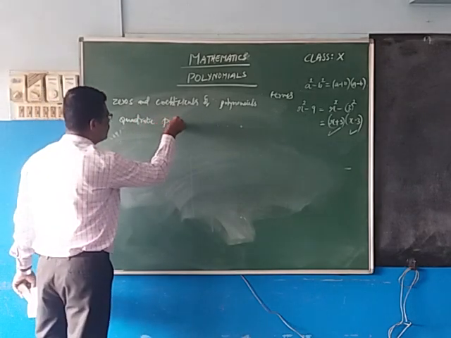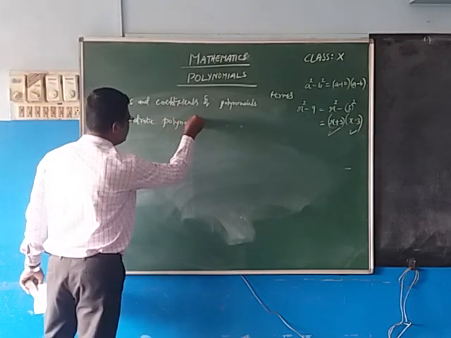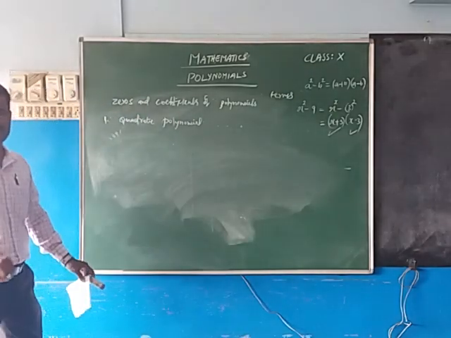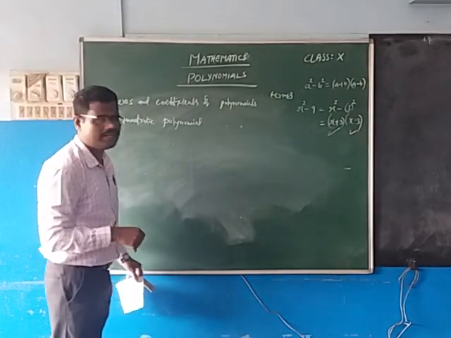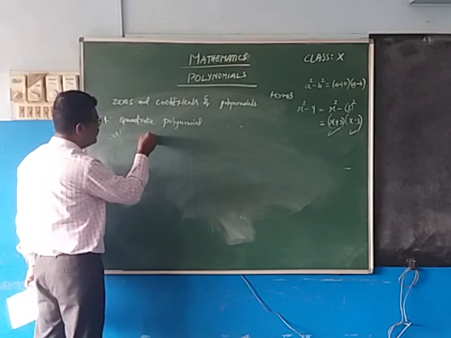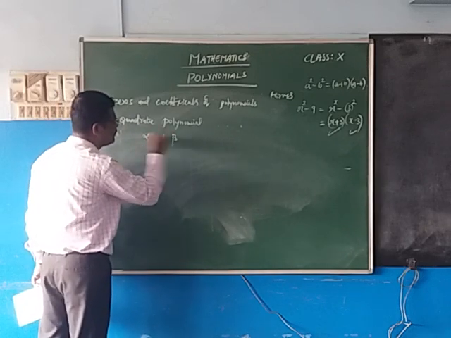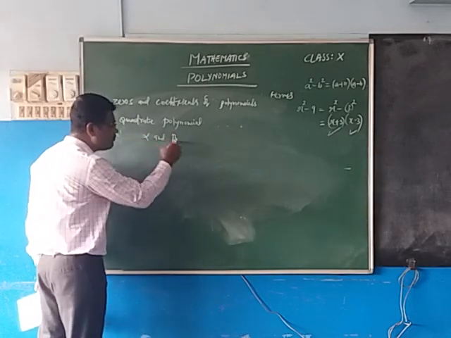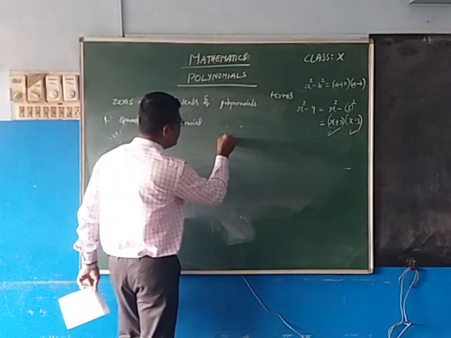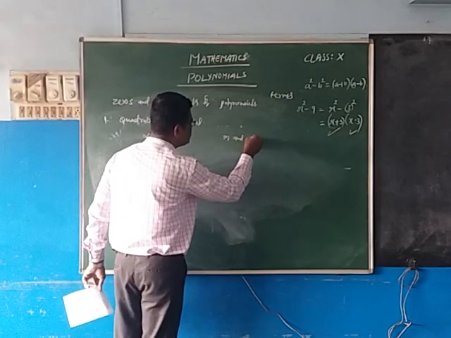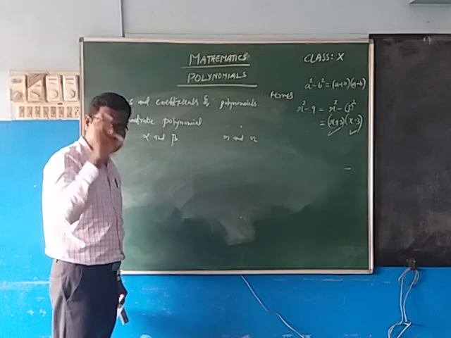Can you say what is the meaning of quadratic polynomial? It has 2 zeros. Let's call the zeros alpha and beta. Most of the time we will call them alpha and beta. Sometimes we will call them m and n. Understood? It has 2 values.